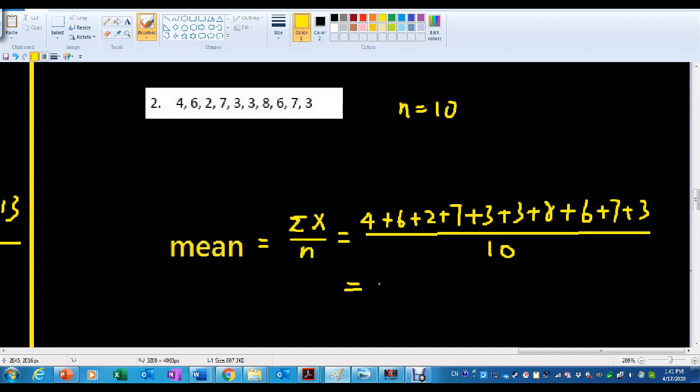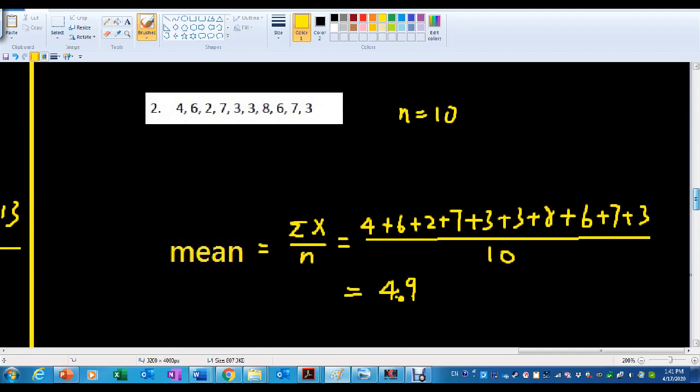Okay, so you will have 4.9. So that's the mean. Right, so how about the median?